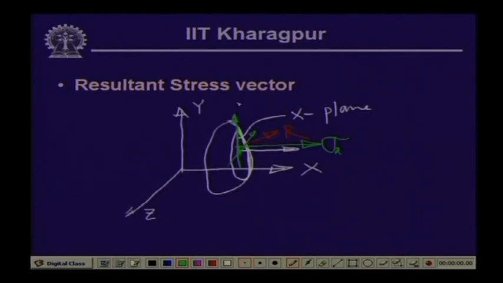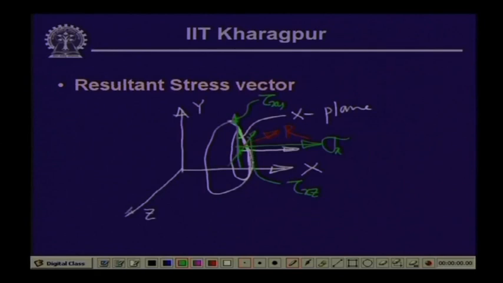The stress which is acting parallel to y, in the y direction, we designate as the stress tau acting in the plane x in the direction y, which we call tau xy. Or if we designate the stress which is acting in the plane x along the z direction, we call this tau xz.